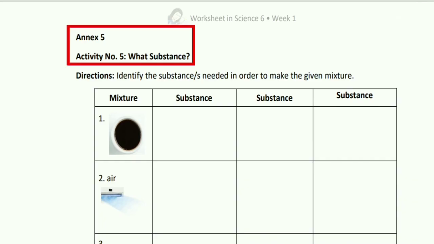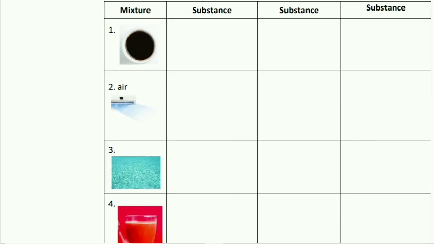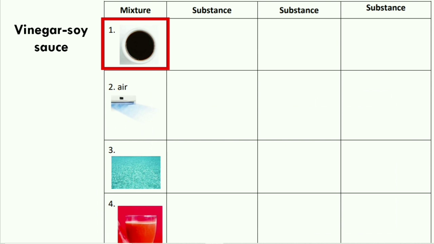Activity number 5. What substance? In here, we will identify the substance or substances needed in order to make the given mixture. We have 10 given mixtures here. The first one is a vinegar soy sauce.